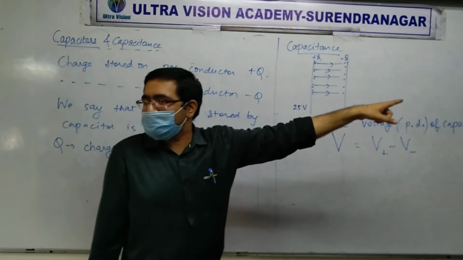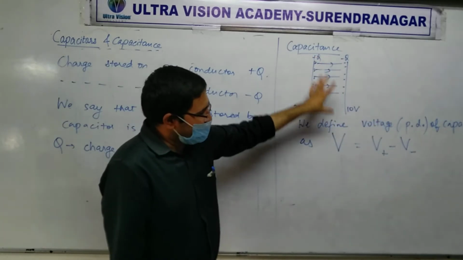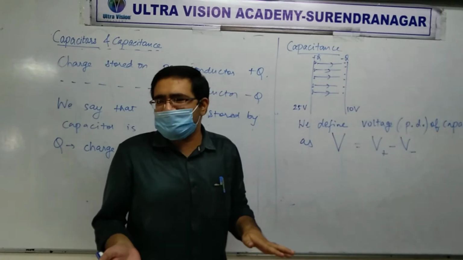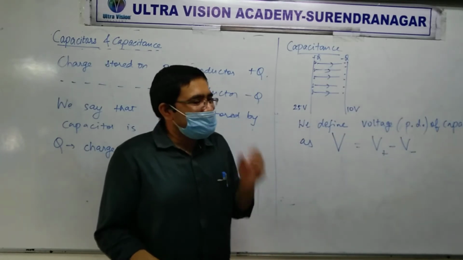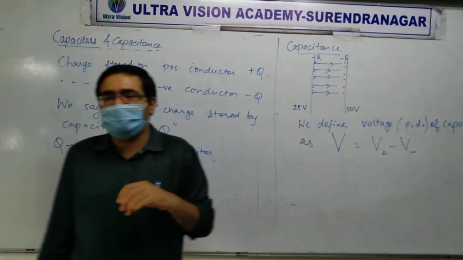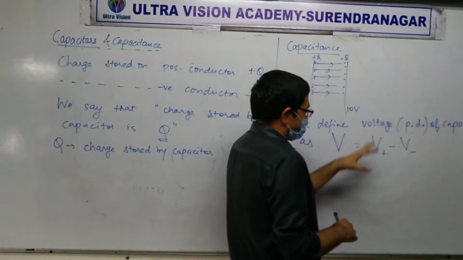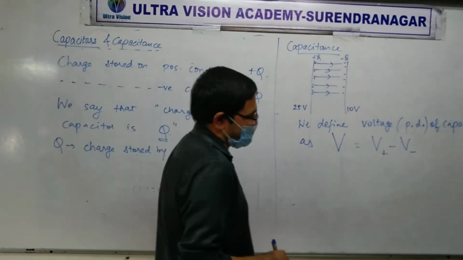Clear? Everything is small like this. You won't find any of this written in the book, it is assumed to be known. So this is the potential difference or voltage of the capacitor.